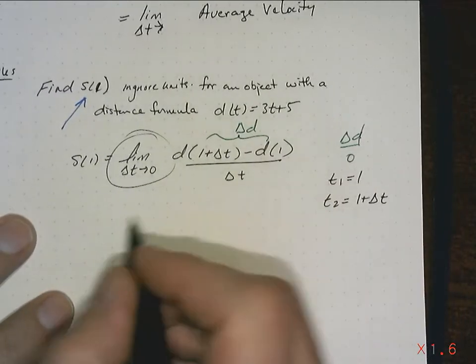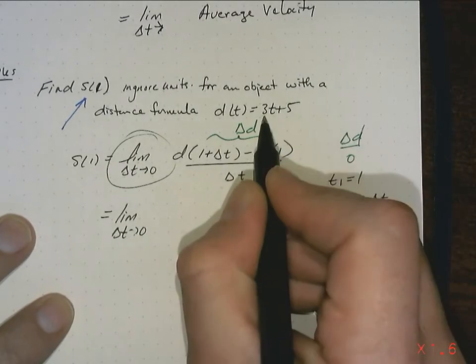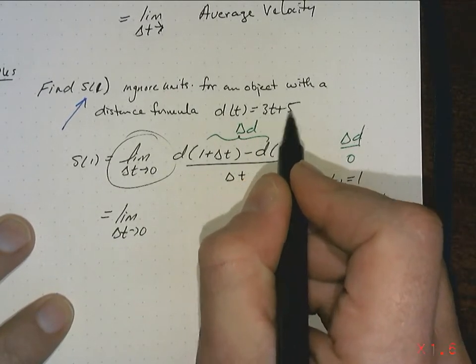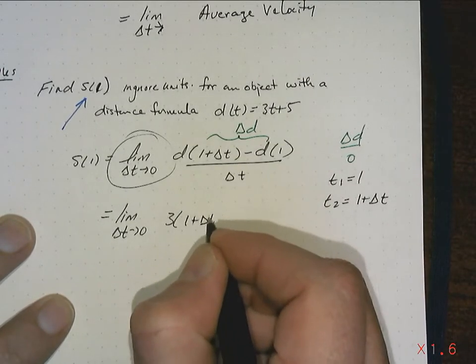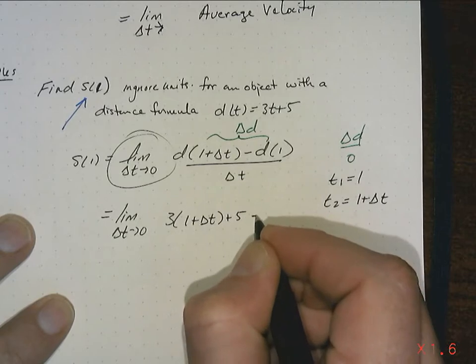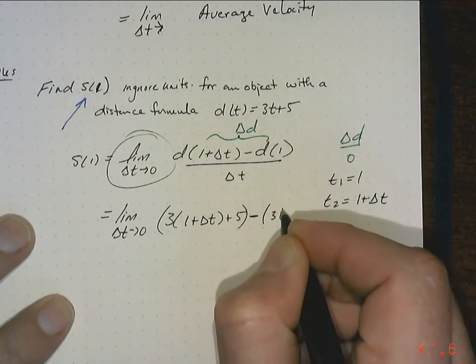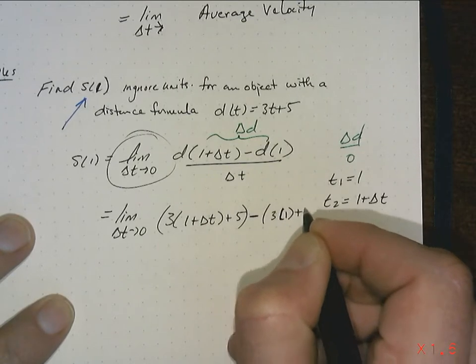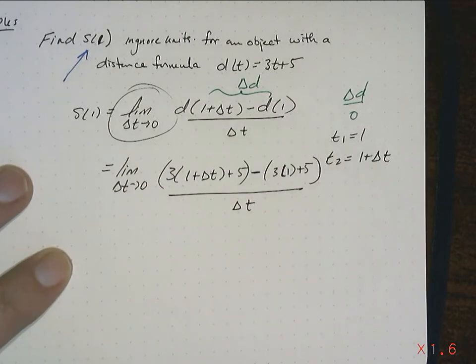So what we do here now is we do the limit as delta t approaches 0. Now it's 3t plus 5. So it's 3 times (1 plus delta t) plus 5, subtract 3 times 1 plus 5, over top of delta t. So we got to be careful with our math, right?